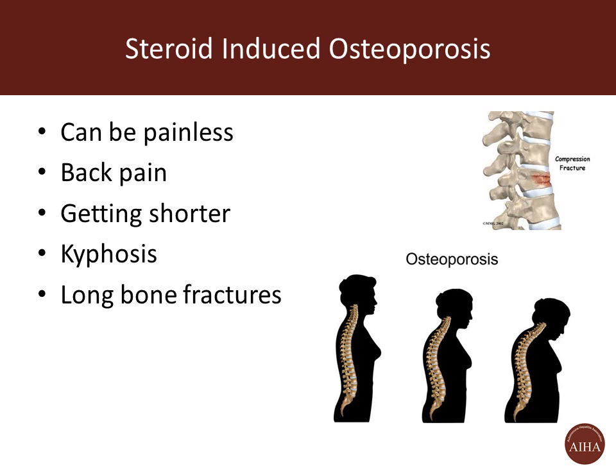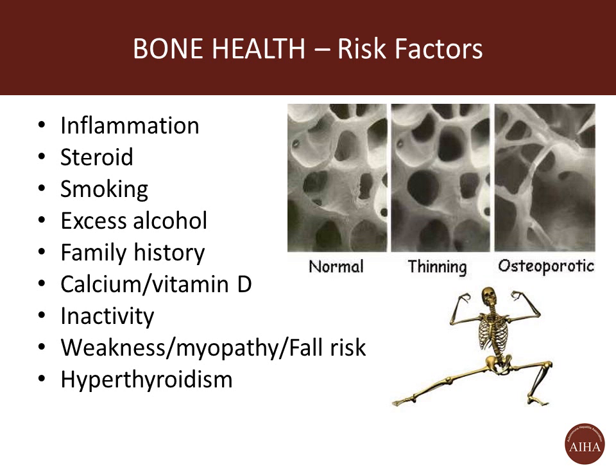So there are some risk factors that affect bone health, and it's relevant in patients with autoimmune hepatitis. Here, there's a microscopic picture of bone, normal, and then thinner bone, and then osteoporotic bone. And as you can see, there is less bone mass in the same area there, and that makes it more prone to fractures.